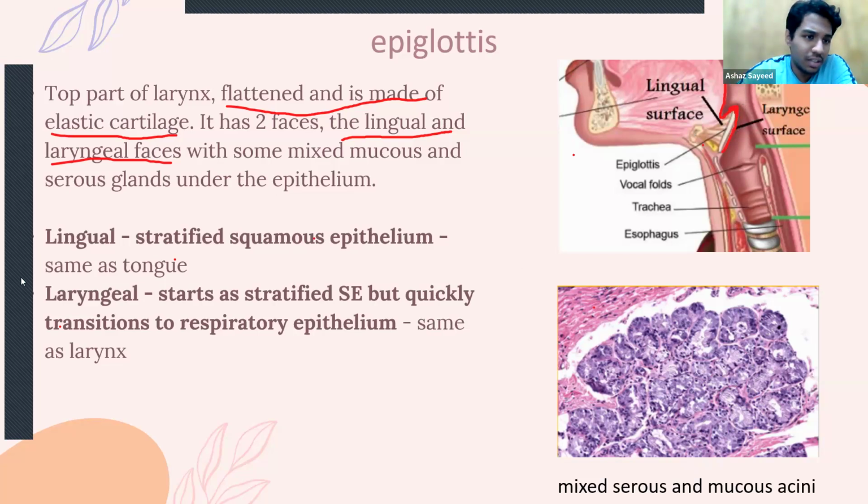It's not really that important. From this slide, if you forget everything, just remember that the lingual surface has stratified squamous epithelium. The laryngeal surface has mainly respiratory epithelium. I'm 60% sure one question is going to come from here.